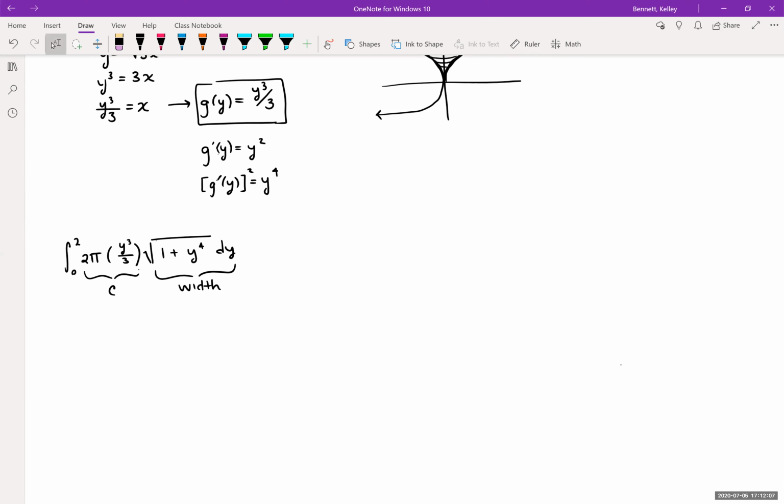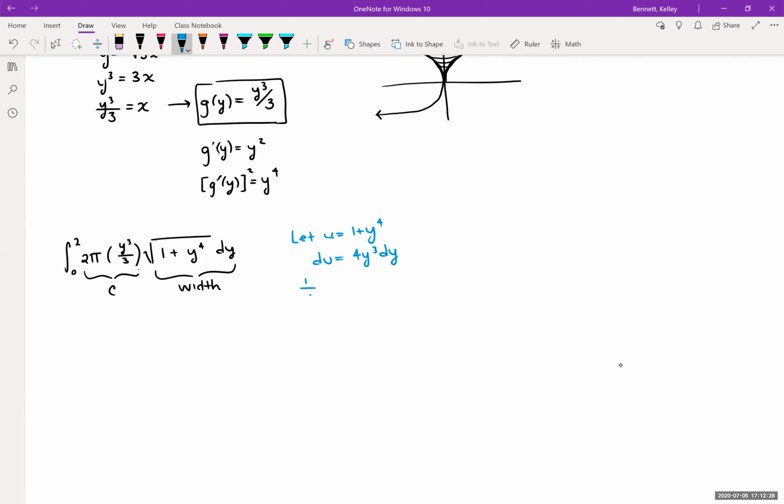And now I need a u sub so I can integrate. So we're going to let u be 1 plus y to the 4th. So that du becomes 4y cubed dy. So this is good. I'm just going to go ahead and solve it for y cubed dy.